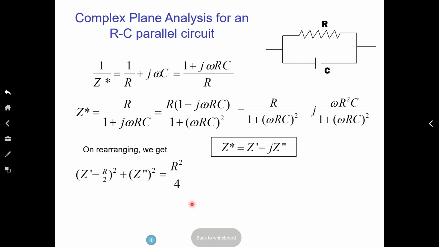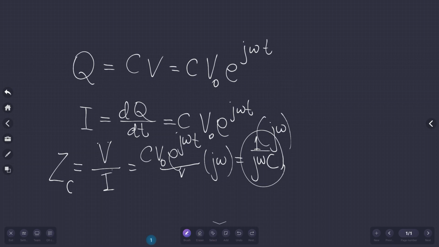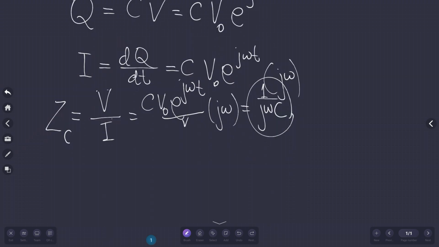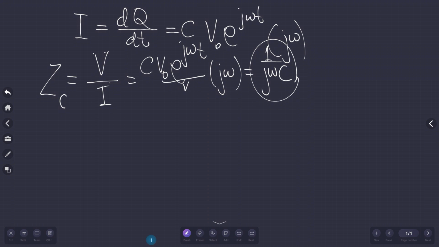Can you imagine what kind of shape this equation will be? Have you ever seen this kind of equation before? Something like x minus a squared plus y minus b squared equals r squared.